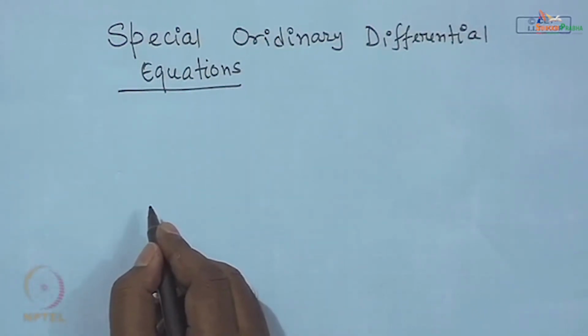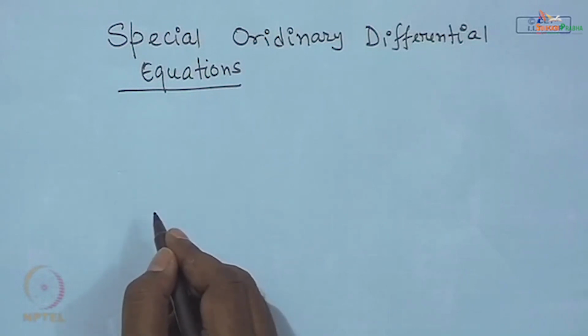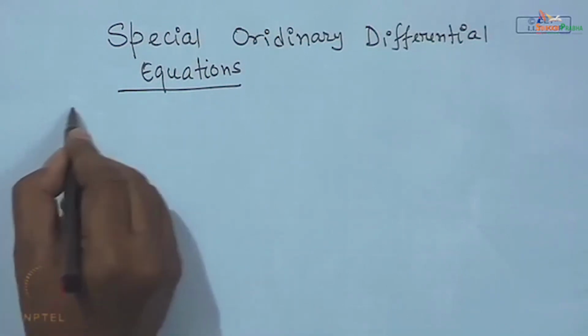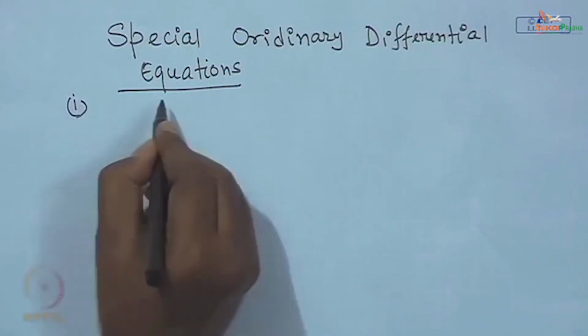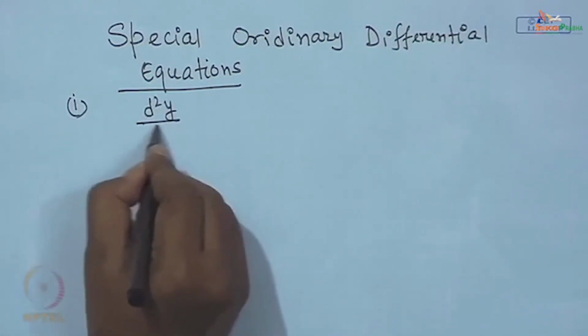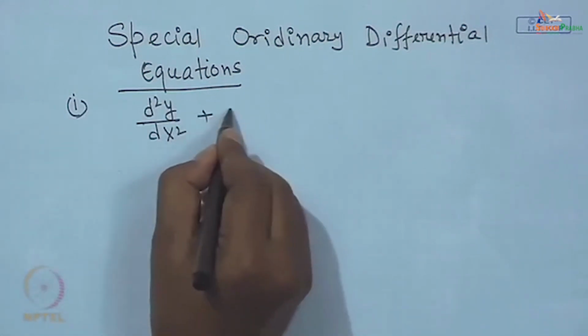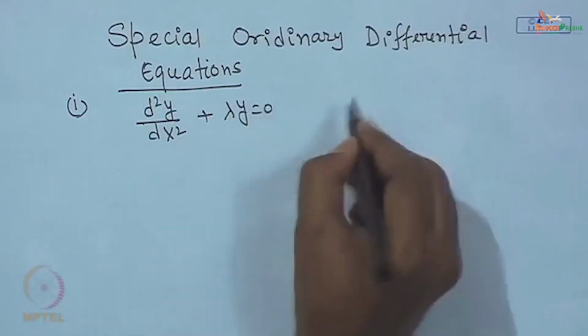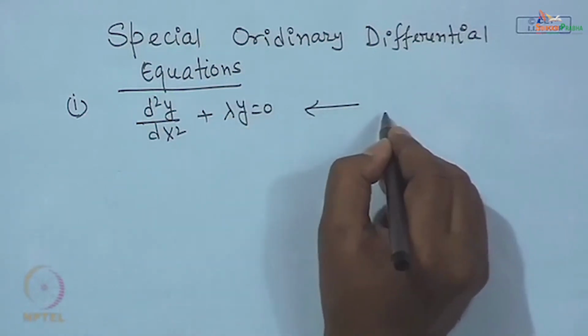These are equations for which the eigenvalues and eigenfunctions will be defined. The first case we have taken is not a special one, that is in Cartesian coordinates, d square y dx square plus lambda y is equal to 0. We have already taken care of this equation.